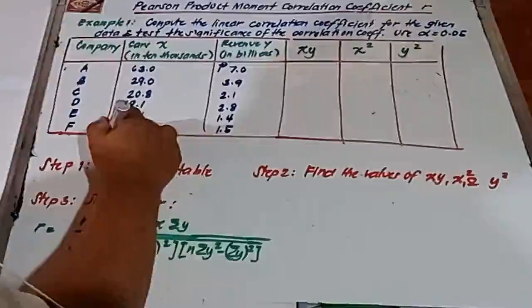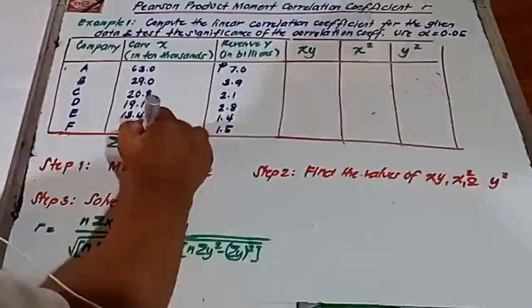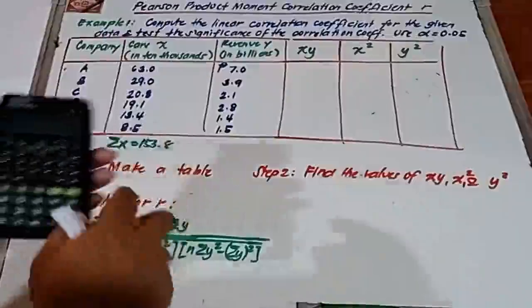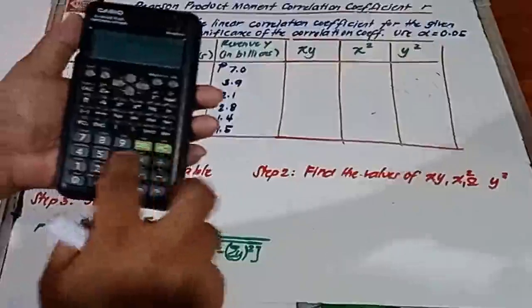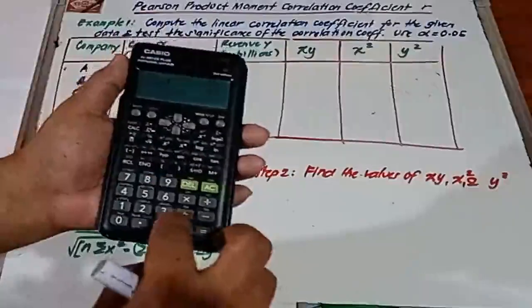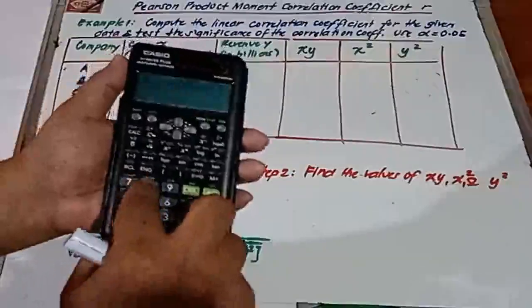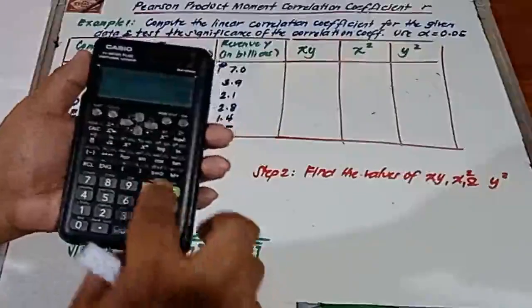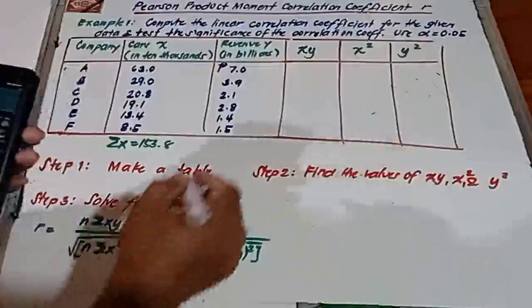So, ilagay natin dito, summation of x is 153.8. The next is, we get summation of y. This is the third column. 7 plus 3.9 plus 2.1 plus 2.8 plus 1.4 plus 1.5 equal to, we have 18.7 ang ating summation of y.